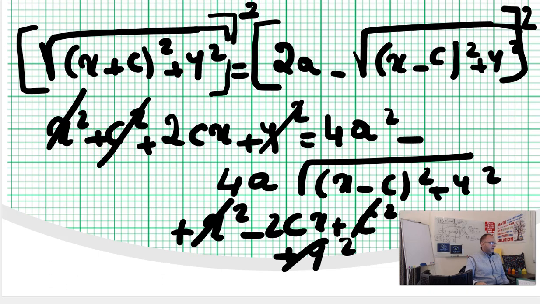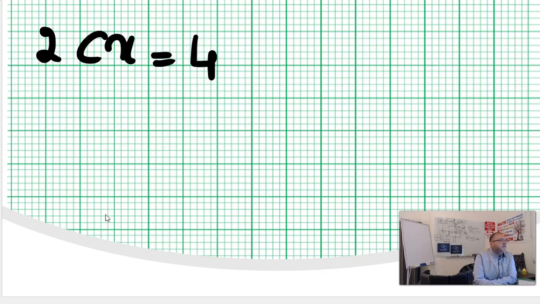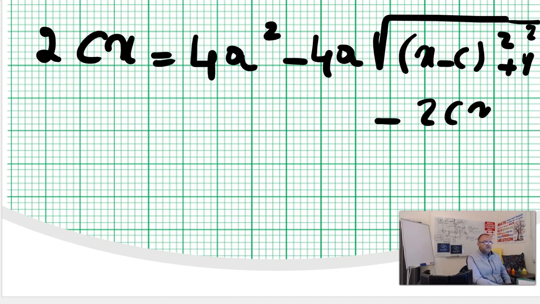Okay, so I can keep the 2cx on this side. I can keep 2cx equal 4a squared. You understand where I'm going with this. Square root of (x minus c) squared plus y squared. Okay, this is under the square root, minus 2cx.